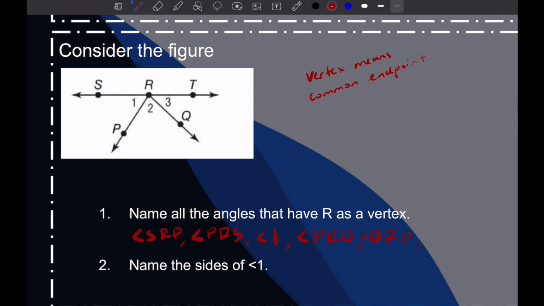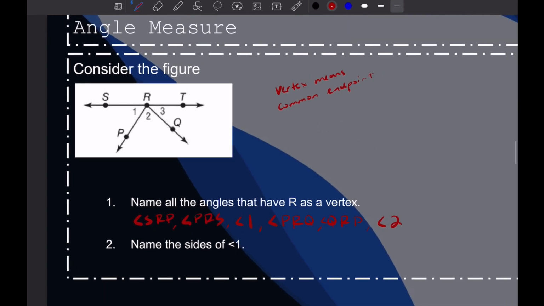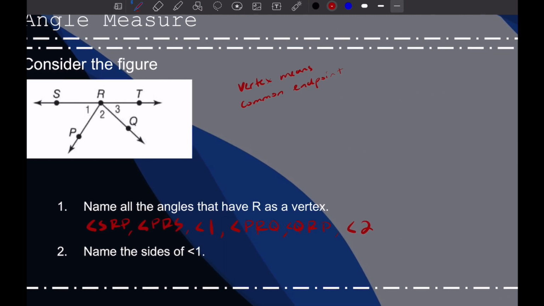And then we can say angle 2, yes, because it's associated to that. Next thing, we have angle Q, R, T, and then angle T, R, Q.